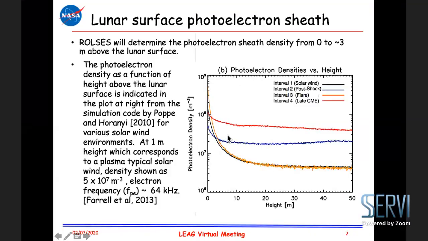Here, this figure on this page is from a paper by Farrell et al. And they did calculations using a simulation for various types of solar wind: the standard, post interplanetary shock, flare related, CME related.